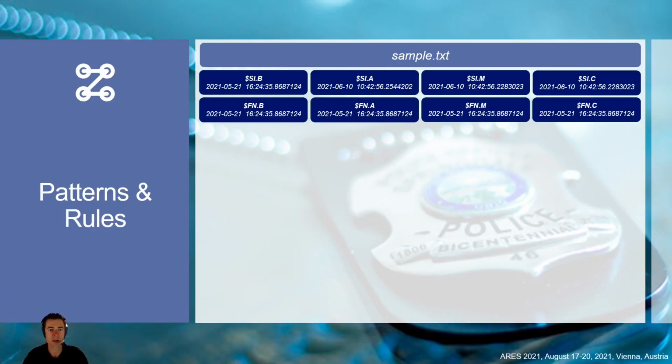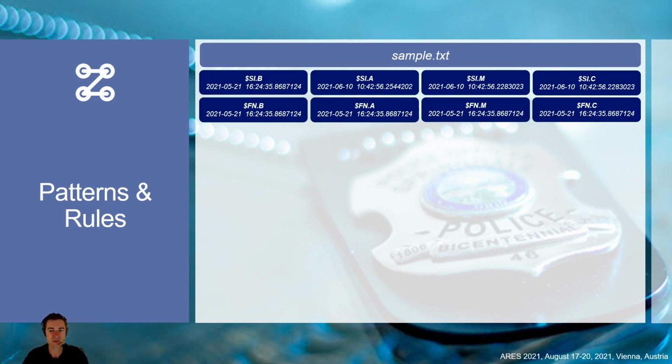Here is an example for a file called sample.txt with its extracted timestamps. At this point, I would like to emphasize that all timestamps in NTFS have an exactness of 100 nanoseconds. This would be important later when we analyze the characteristics. But back to the patterns now. As you can see, all timestamps for file name hold the same value.